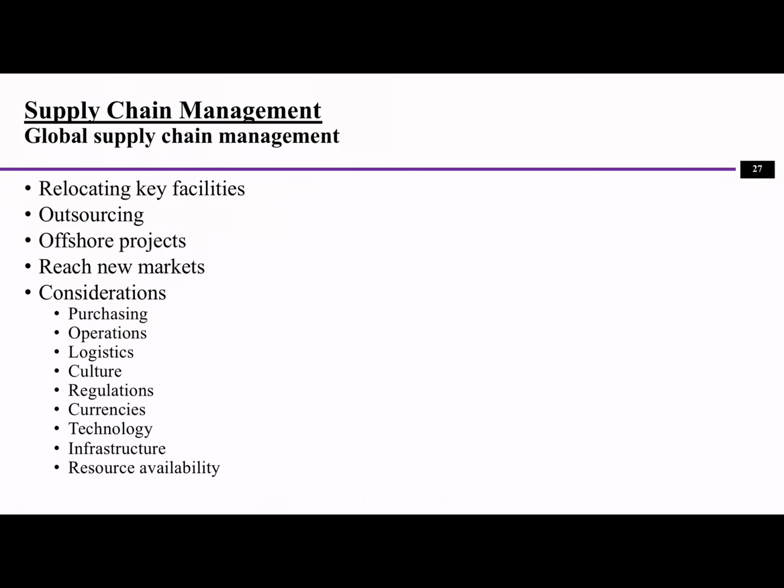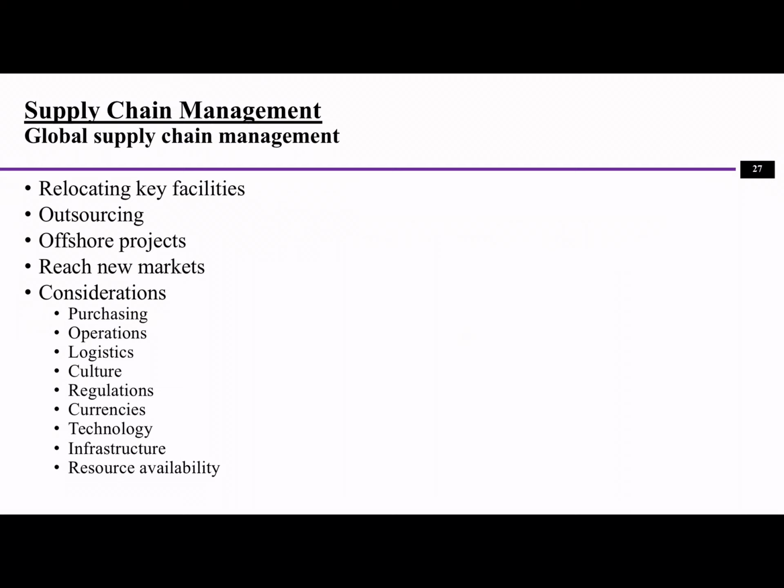And so global supply chain management. Currently you can see a lot of factories or companies move to a different location or different country just to get either cheaper labor cost, or some other benefits like taxes or something else.